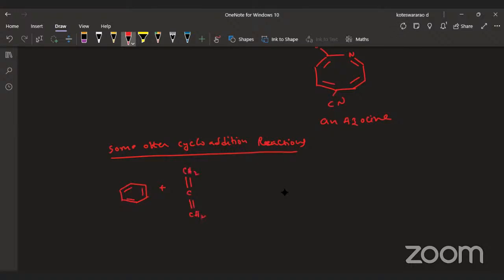Simply we can call it an allene. This is an allene. Benzene reacts with the allene. The allene is undergoing the addition reaction with one particular double bond, that leads to the formation of a derivative.